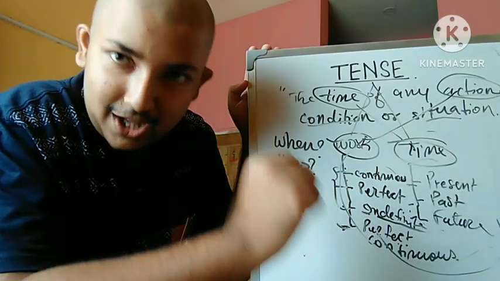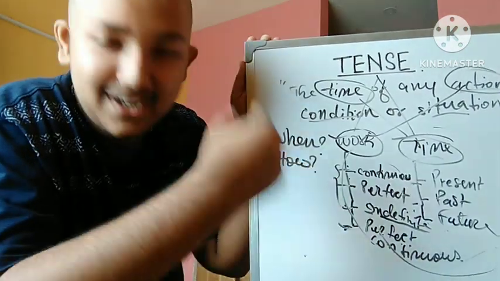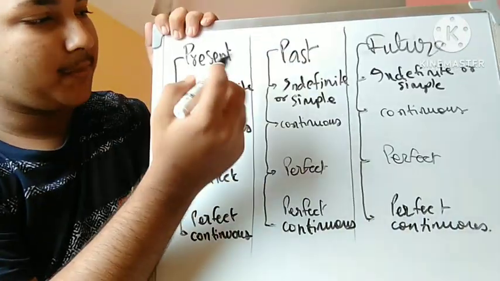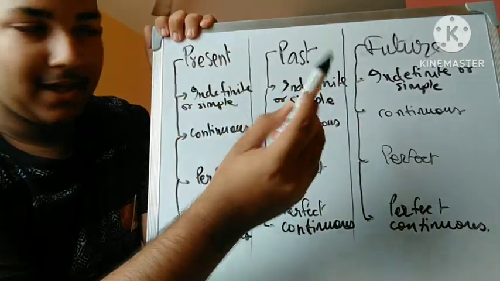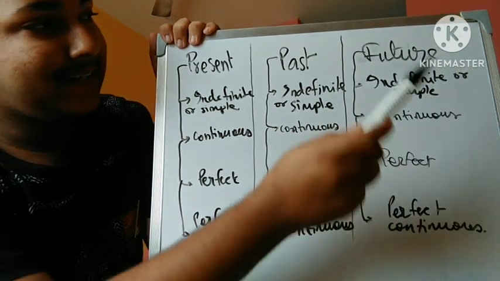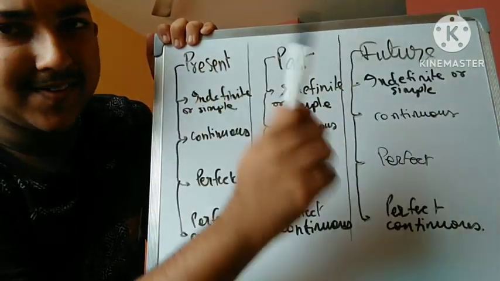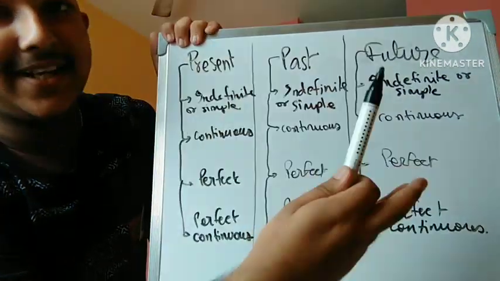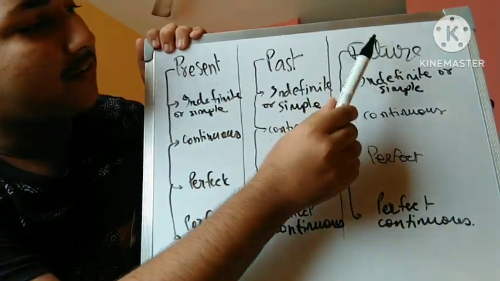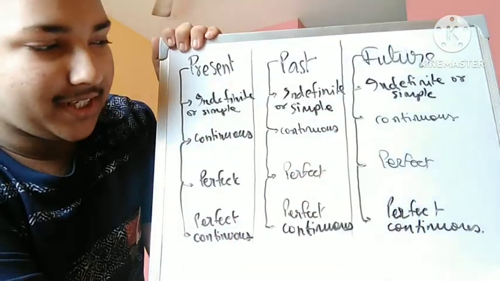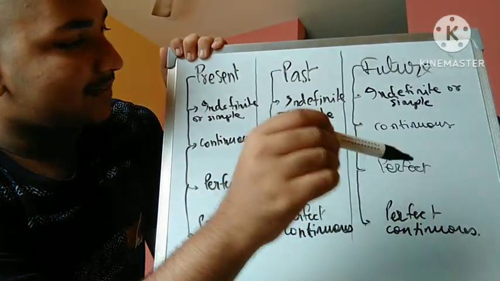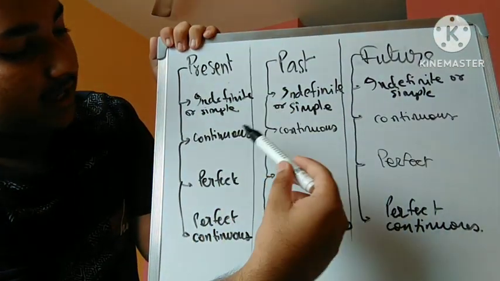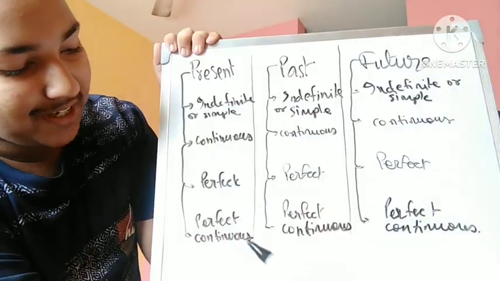So I will write that and then I will explain it to you. First of all, here we have present tense, past tense and future tense, and we will see the different categories of present, past and future tense. As I have already told you, these are all classified into four subtopics: indefinite, continuous, perfect and perfect continuous.